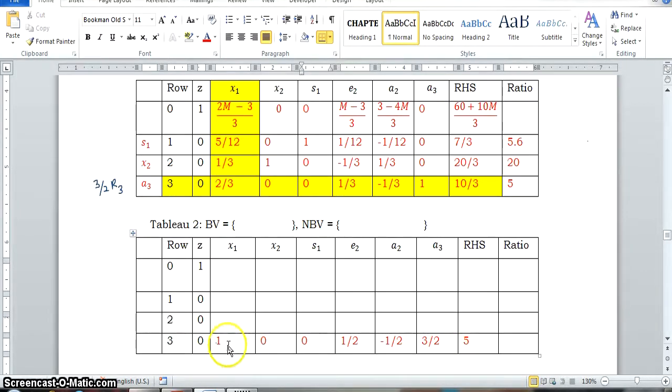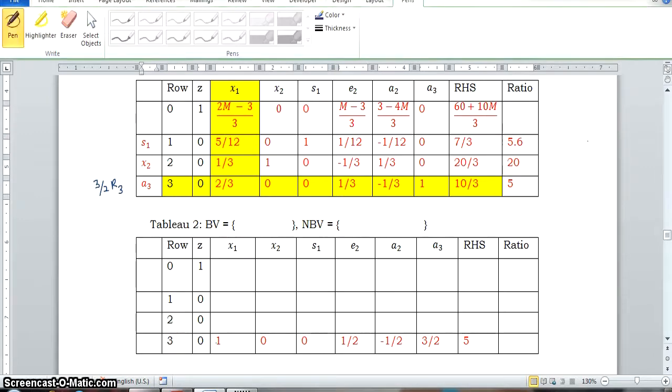To eliminate x1 from row 0, we apply ERO R0 minus in bracket 2M minus 3 over 3 times R3.